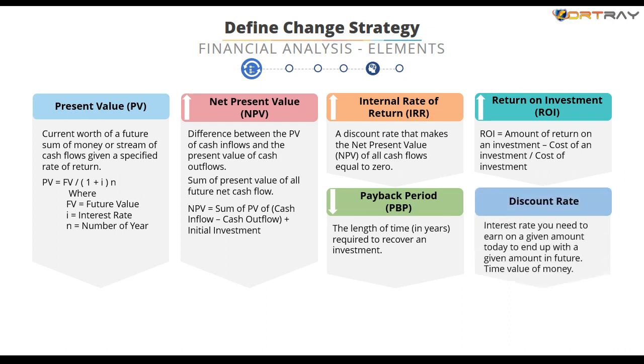The discount rate is the interest rate you need to earn on a given amount of money today to end up with a given amount of money in the future. The discount rate accounts for the time value of money. Note that you will benefit when the NPV, ROI, and IRR are higher. On the other hand, you will benefit when the payback period and total cost of ownership, or TCO, are lower.